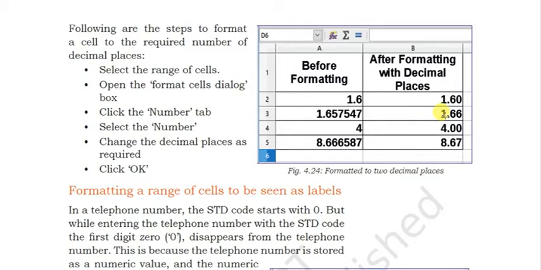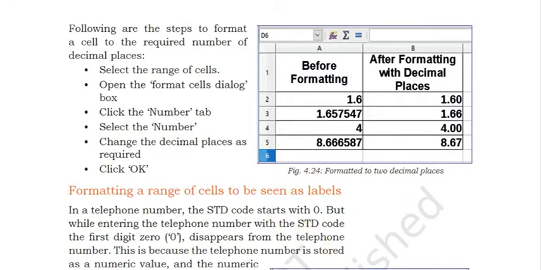So how can you do it? You can select the cells. You can open the format cell dialog box using the shortcut key Control 1, and then click number tab, and in the tab you will select number and you will change the decimal places.